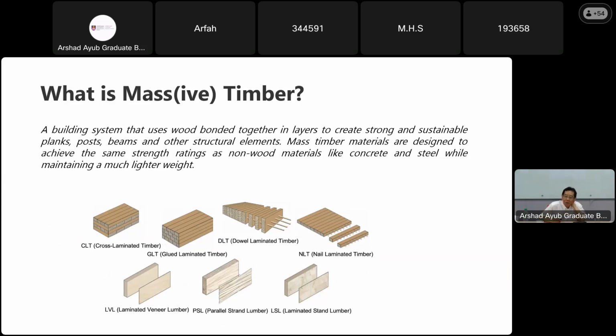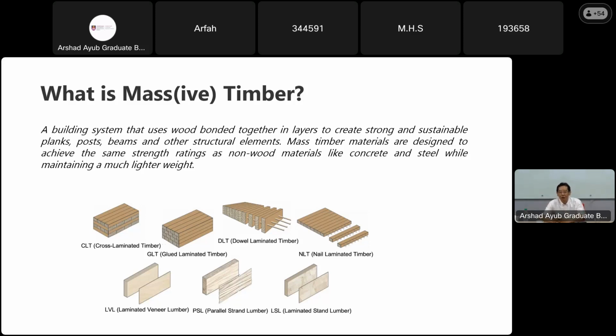So before talking about the research itself, I want to introduce what mass timber is. Based on the industry association definition, mass timber can be defined as follows: a building system that uses wood bonded together in layers to create strong and sustainable planks, posts, beams, and other structural elements.